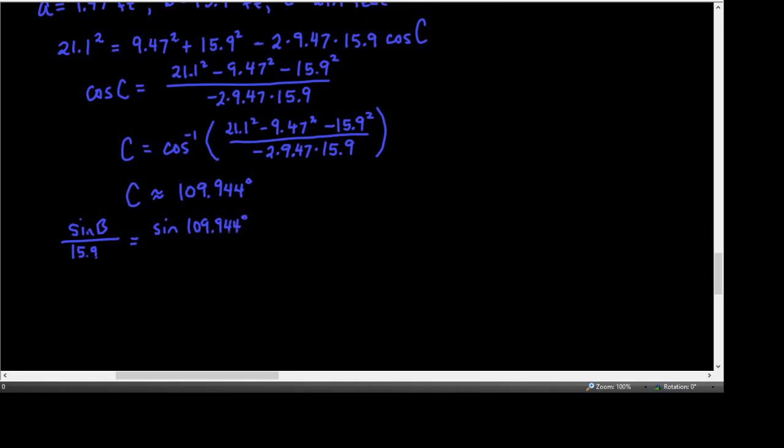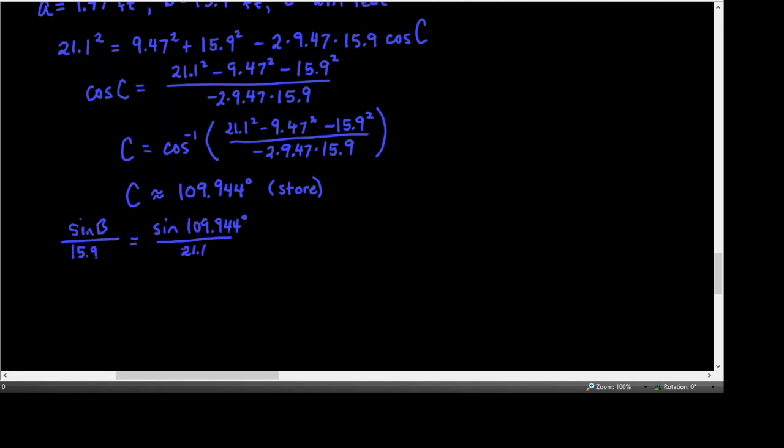You have this to do, then that to do, then that to do. So you realize that perhaps you might need these numbers again. So it's a good idea to store things as you get them. And that was angle C, so I need to put the length of C under it. So 21.1.